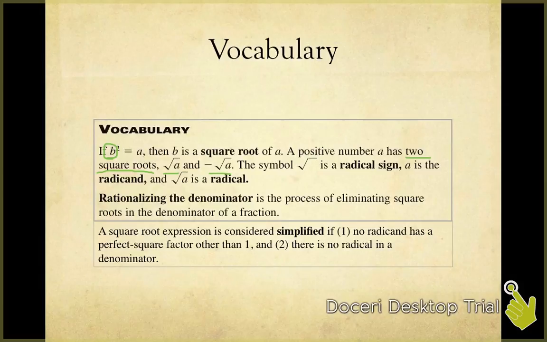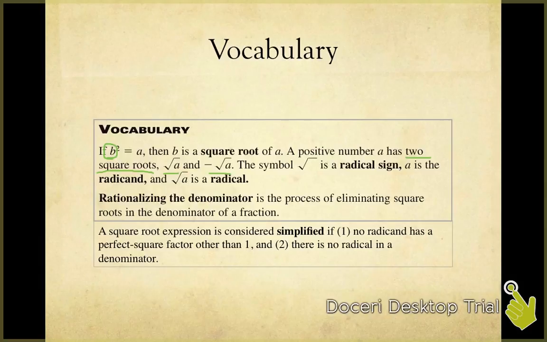Now this is important when we are dealing with solving equations, because when you are solving equations, you are interested in both the positive root and the negative root. When we are just evaluating things like simplifying numbers, I just give you the square root of 81 and you just tell me it's 9.